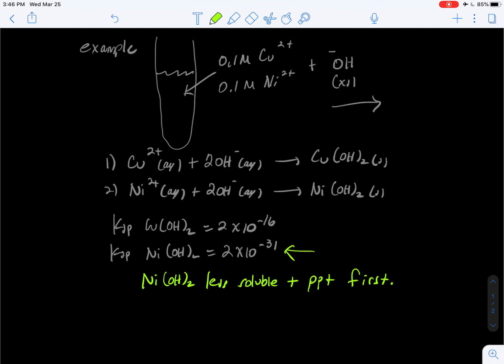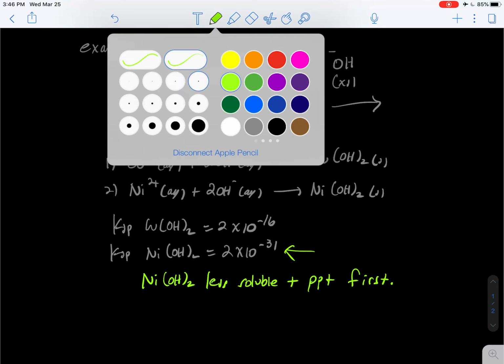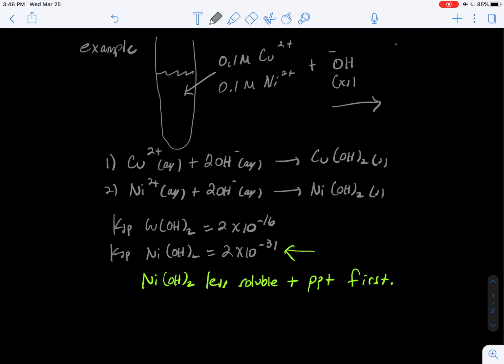Okay? And so what our test tube would look like afterwards, if we did it very carefully and correctly and tried to stop at this stage, you would have a precipitate on the bottom, and that precipitate should be nickel hydroxide.